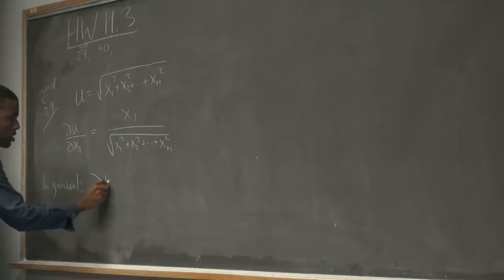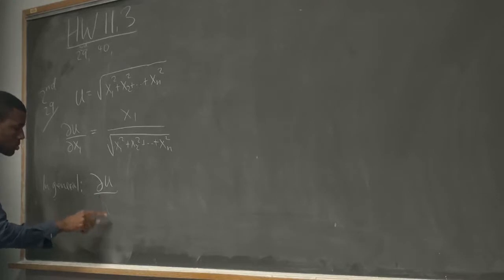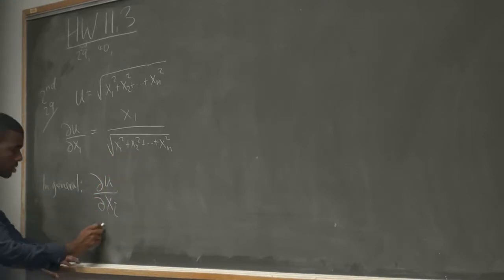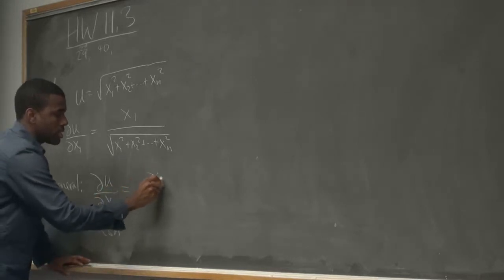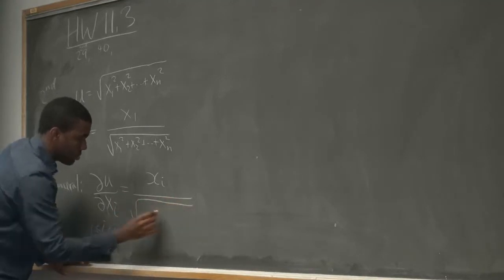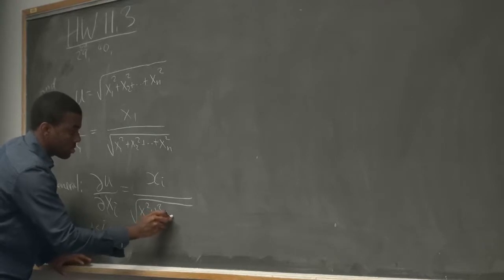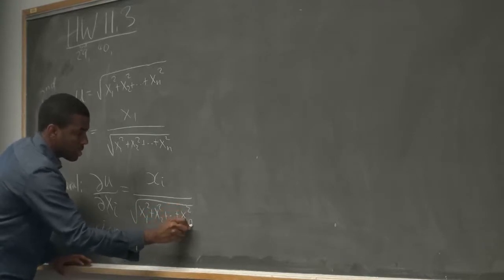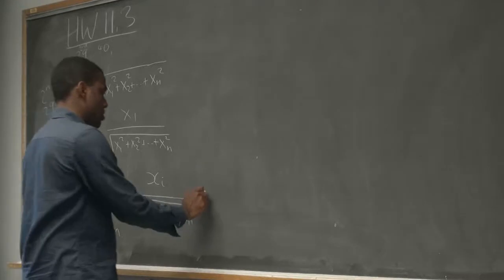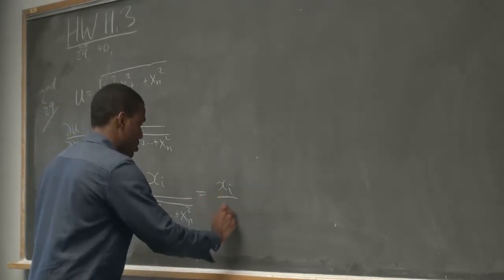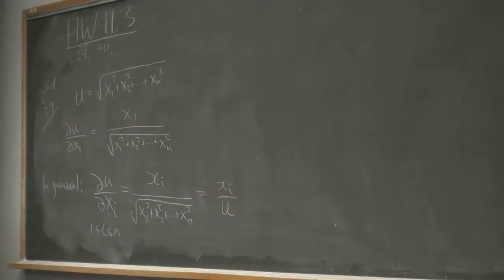You can say the partial of u with respect to xi, where i goes from 1 to n, will be xi over the radical, or you can write it as xi over u. Yeah, so that's how you do it in general, because they'll all look the same way.